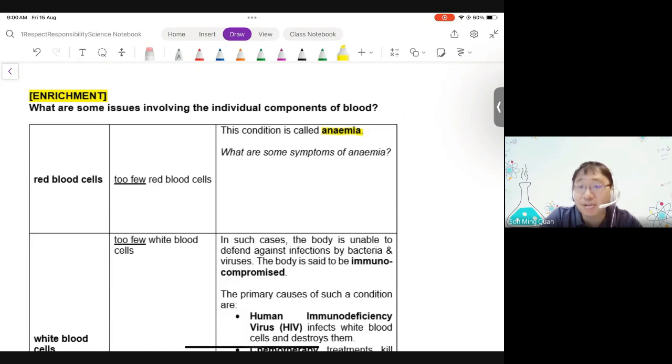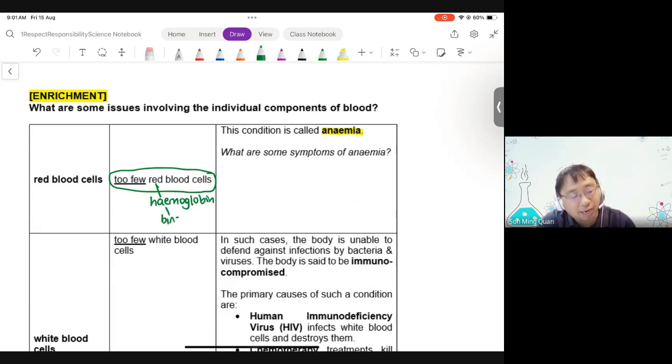So what are some symptoms of anemia? How would you answer this? You would think, if there are too few red blood cells, what is the impact of this? What's the consequence? You already know red blood cells contain hemoglobin. Hemoglobin binds to and transports oxygen, right?